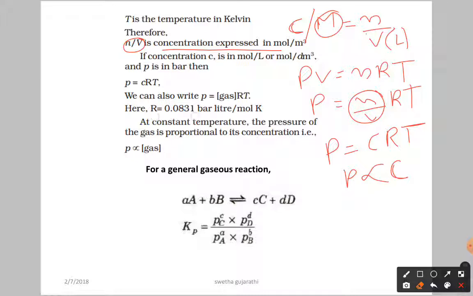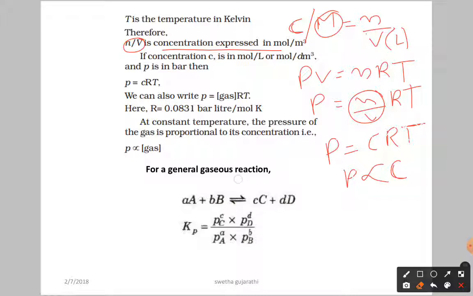Now at constant temperature, the partial pressure of the gas is proportional to its concentration. Here T is constant, R is constant, then partial pressure is directly proportional to concentration.